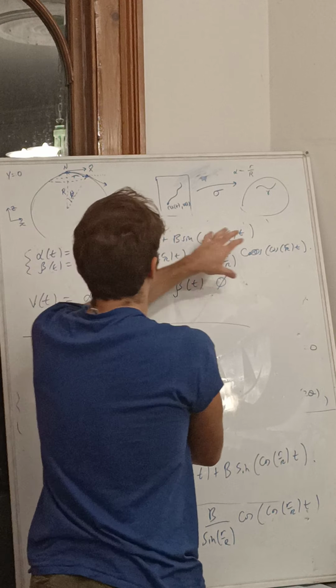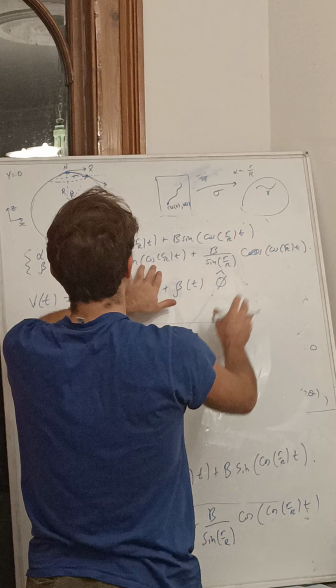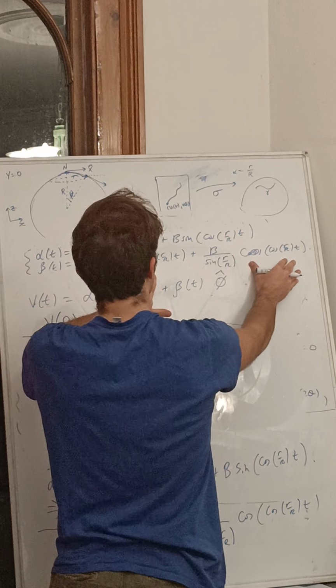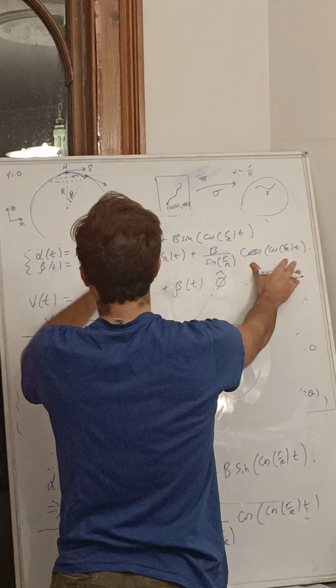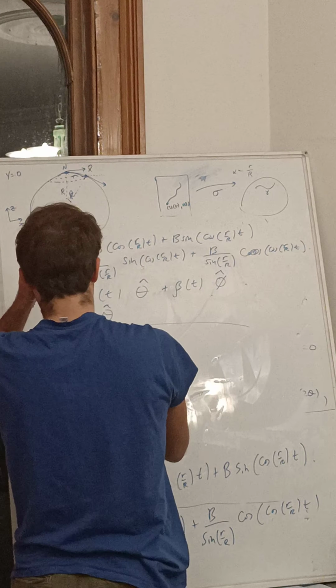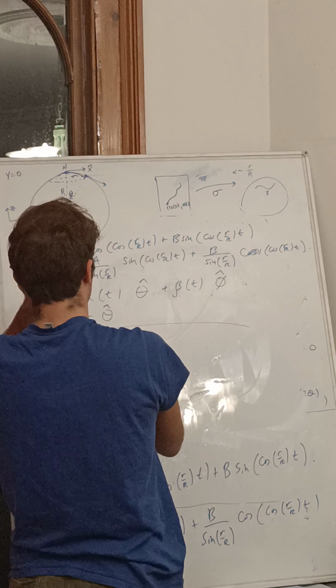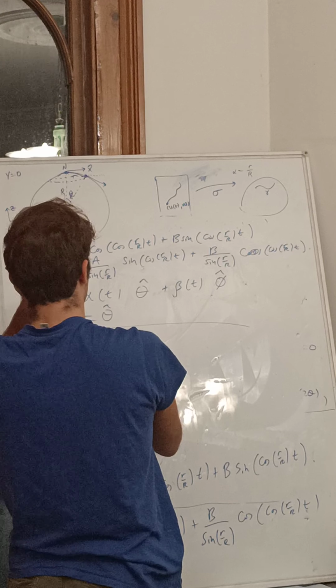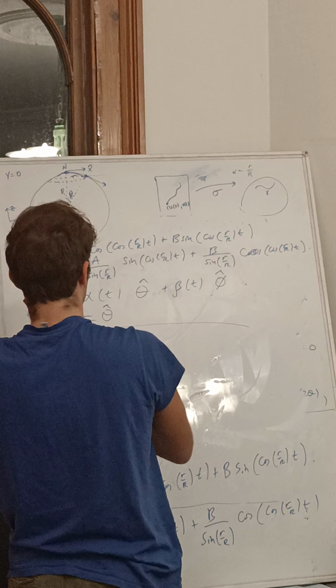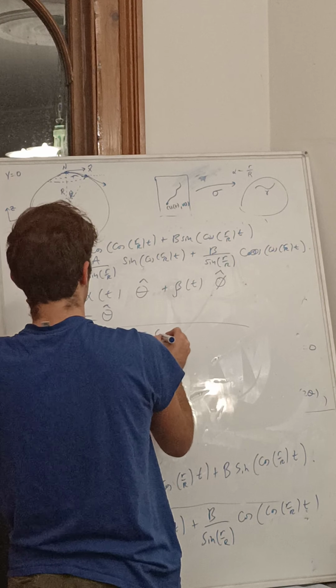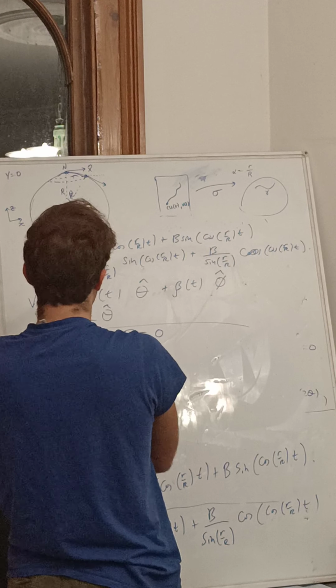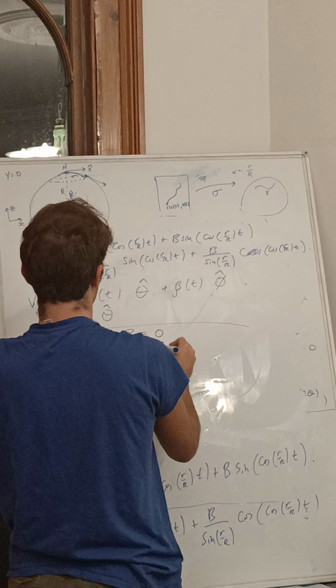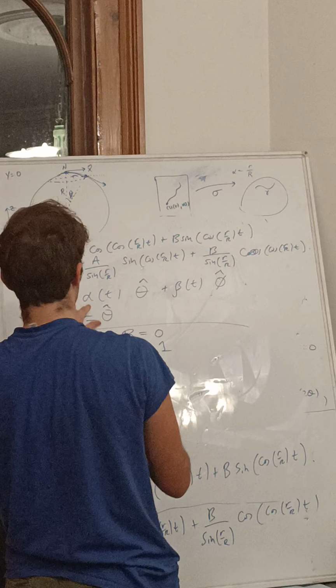So this term goes away, this one stays. So b is equal to 0. And we get a is equal to 1 from alpha.